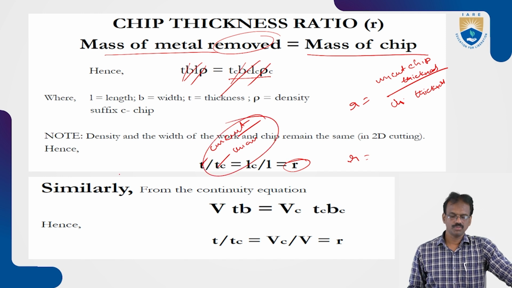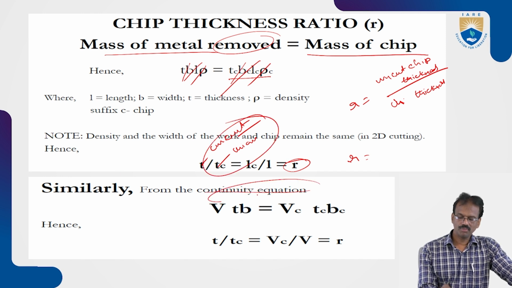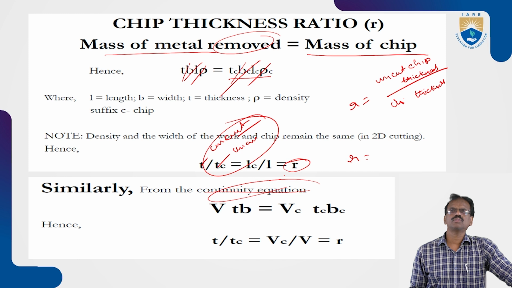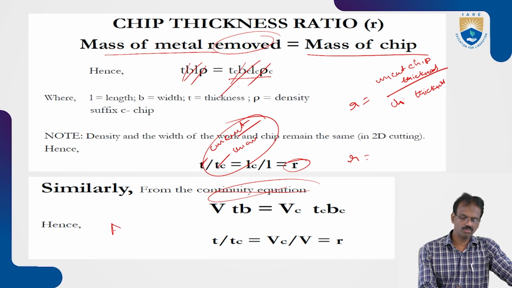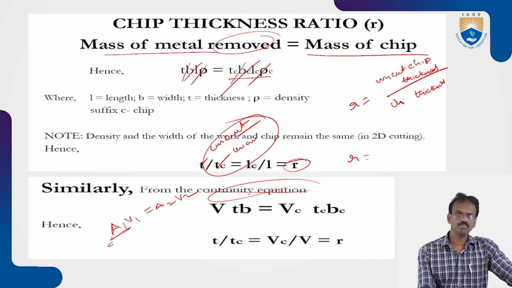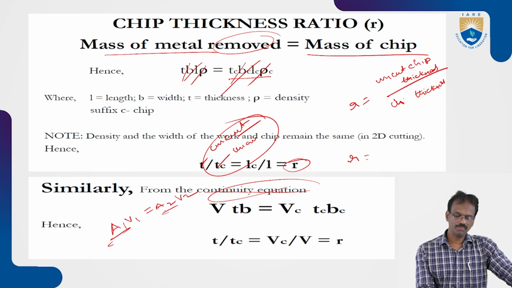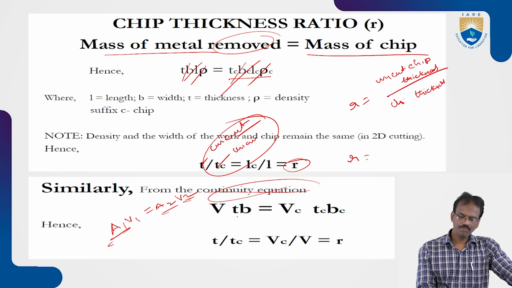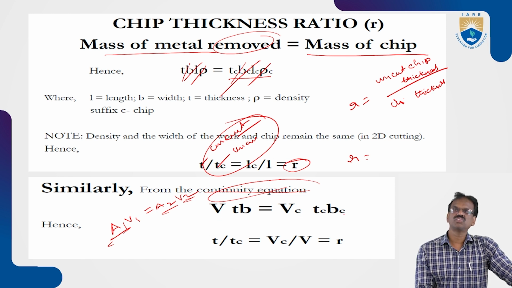Similarly, if you consider the continuity equation, A1 V1 is equal to A2 V2. This one is the area of the chip before cutting and the cutting velocity, and A2 is the area of the chip after cutting and its velocity. So V into T is equal to VC into TC.